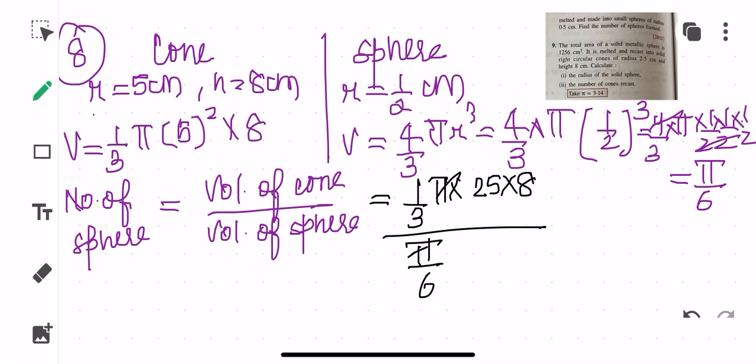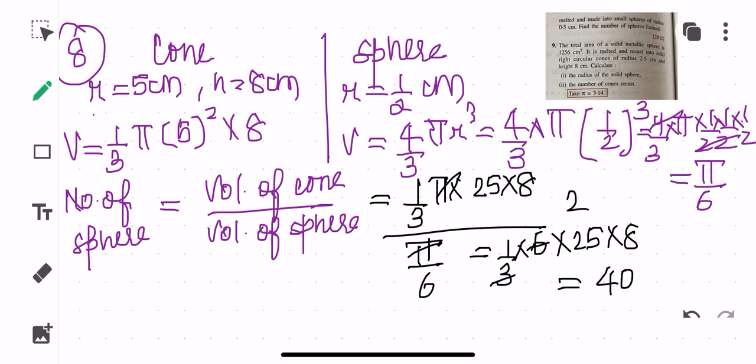So pi is getting cancelled, and you are left with 1 upon 3 into 6, because this 6 is going to come up, into 25 into 8. So this is equal to 2. So 25 into 2 is 50. 50 into 8 is 400. So 400 spheres can be formed. Okay, so this is an easy one.